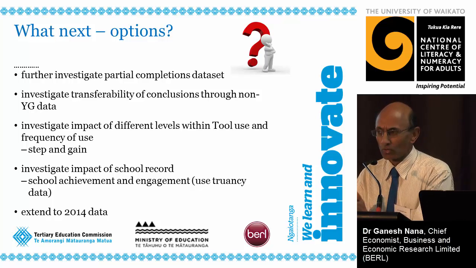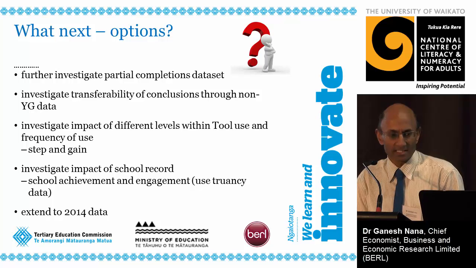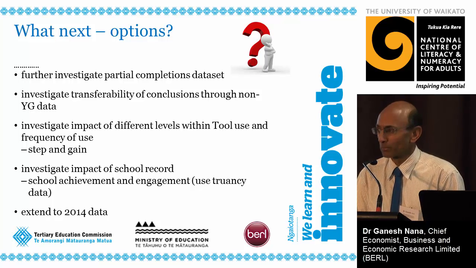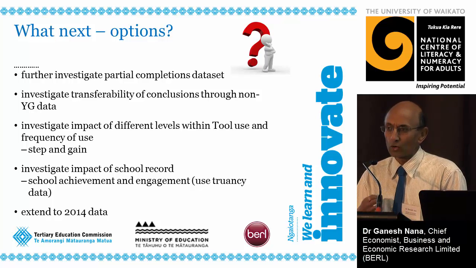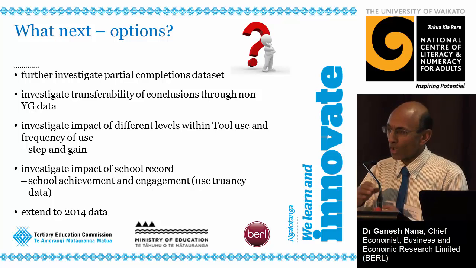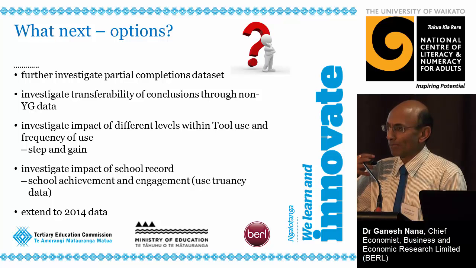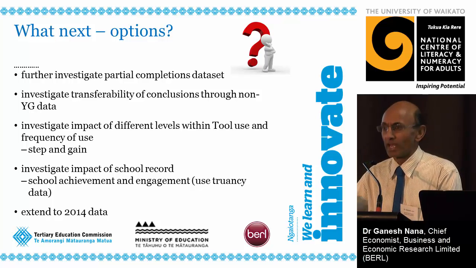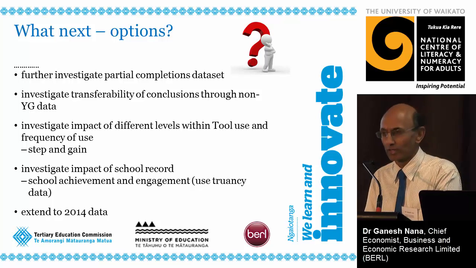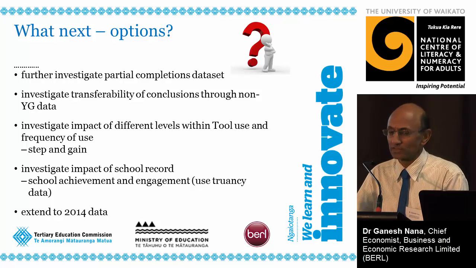Is the same model going to apply for other data sets? And then also, we could be a little bit more sophisticated and look at not just use of the tool, but how the tool is being used in terms of number of assessments and whether it's reading or literacy or numeracy and those sorts of things.